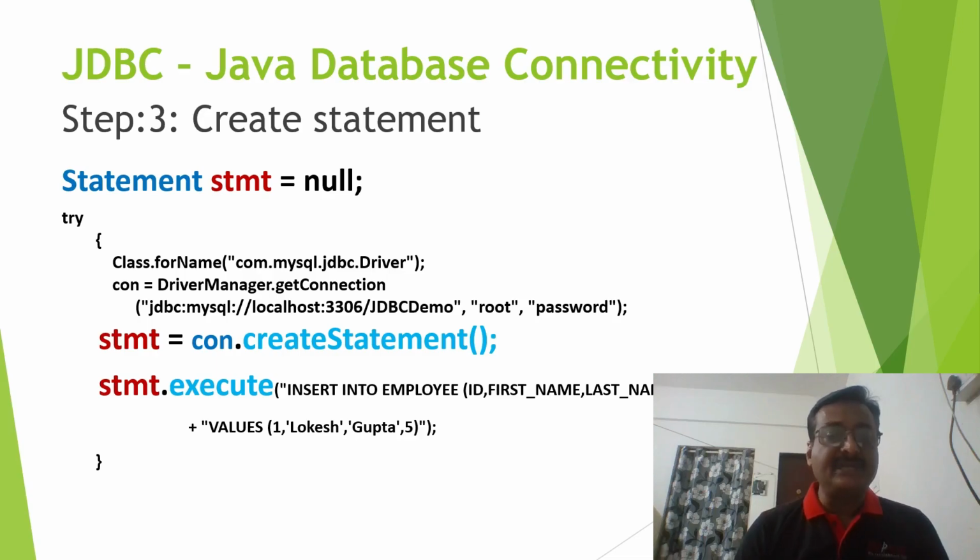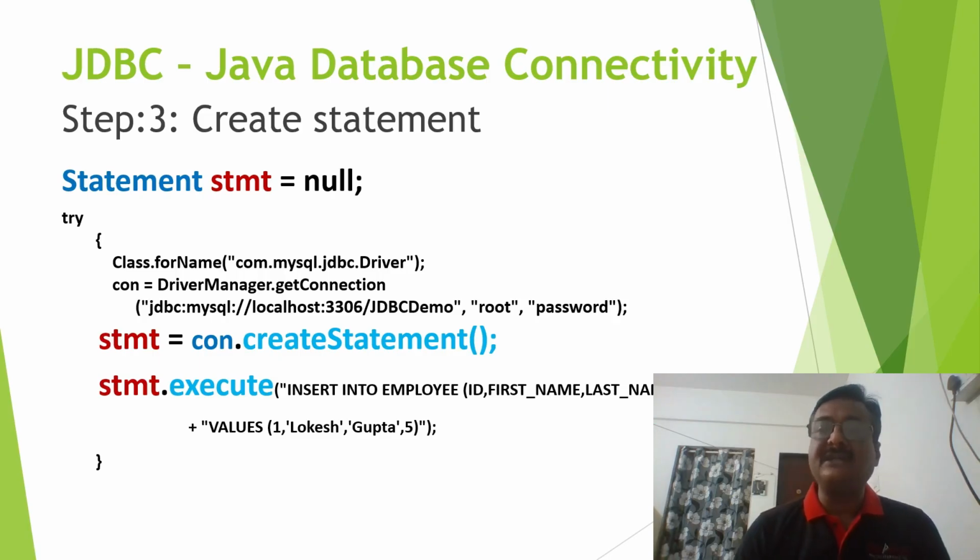How to create the object? Let me see here. I have repeated these three statements: starting from registering my driver with Class.forName, com.mysql.jdbc.Driver, then creating the connection object with DriverManager.getConnection, which connects my database with my application.